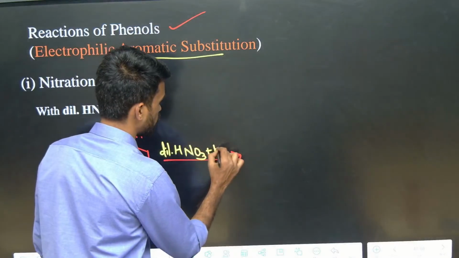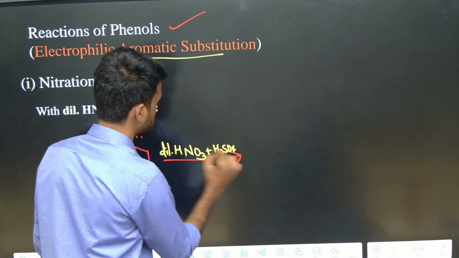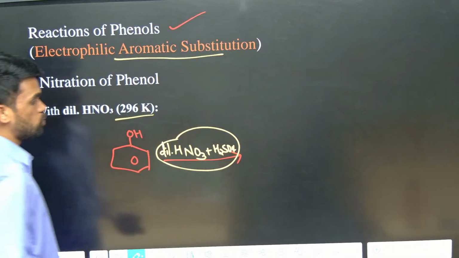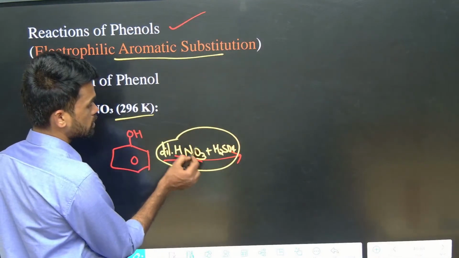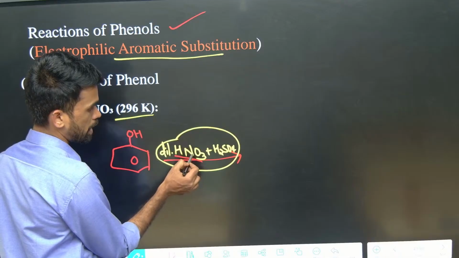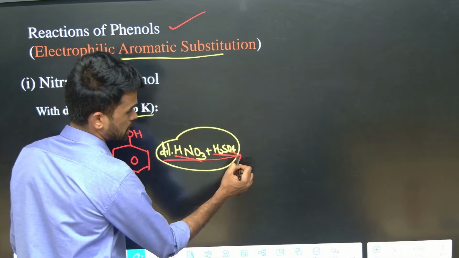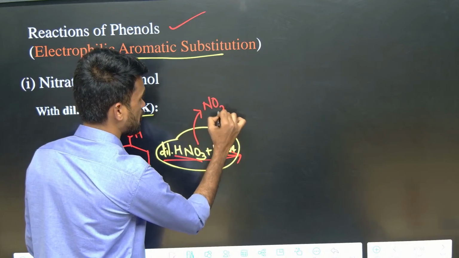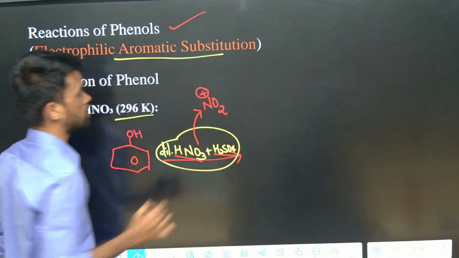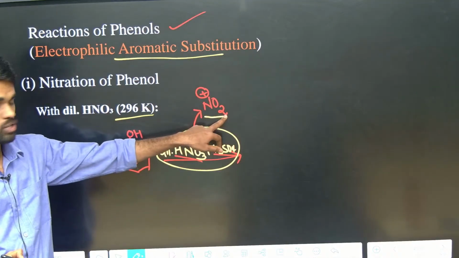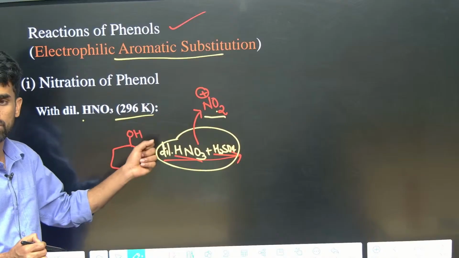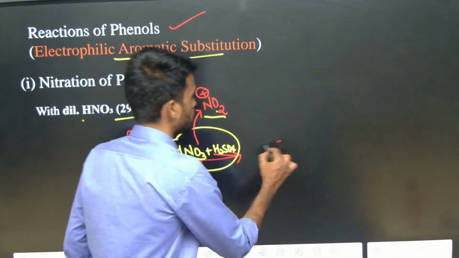Along with sulfuric acid, it will generate an electrophile. What is the electrophile in nitration? HNO3 acts as a base here and sulfuric acid acts as an acid here and generates the nitronium ion, NO2 plus, as an electrophile. This NO2 plus is the electrophile in the nitration reaction, and it will go at ortho and para positions.